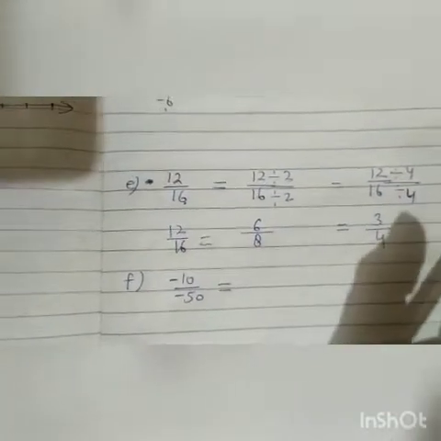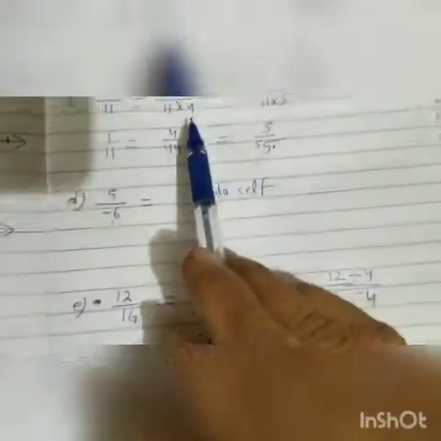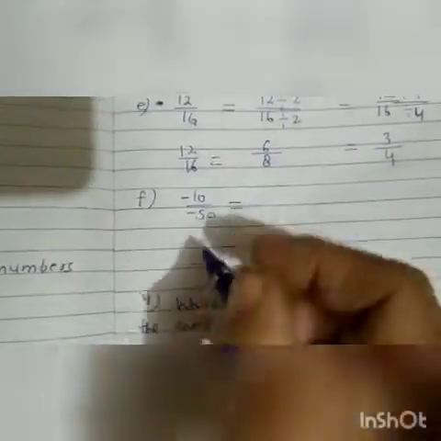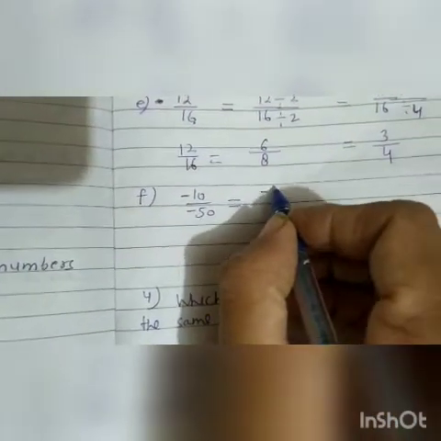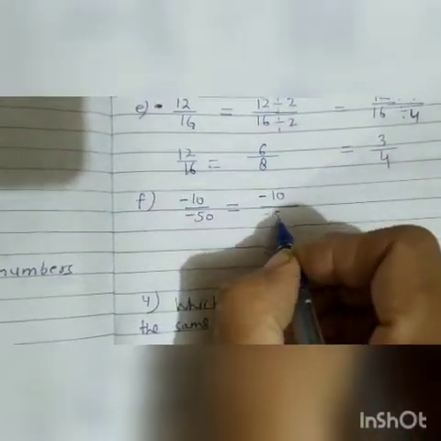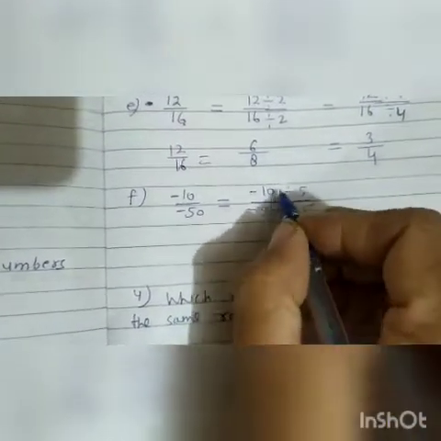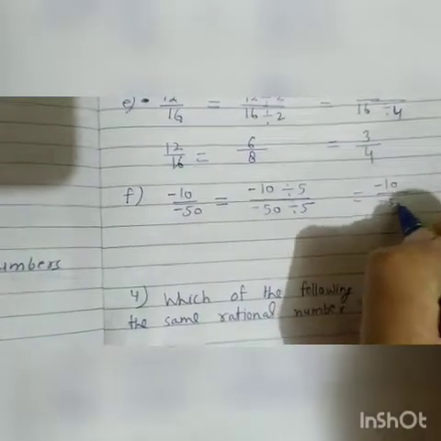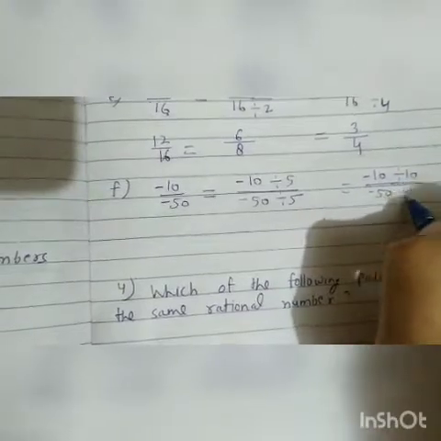So students, we can get an equivalent rational number either by multiplying like this or by dividing. Now it is minus 10 upon minus 50. See, we can divide it by 5, and we can also divide this rational number minus 10 upon minus 50 by 10 also.